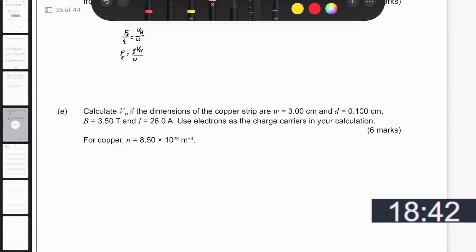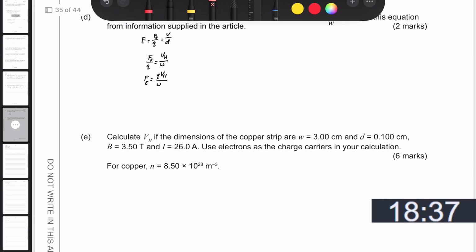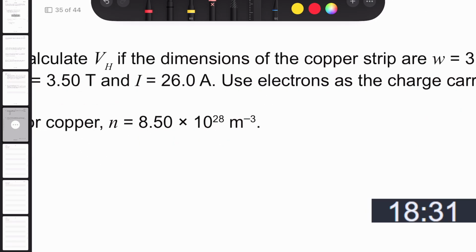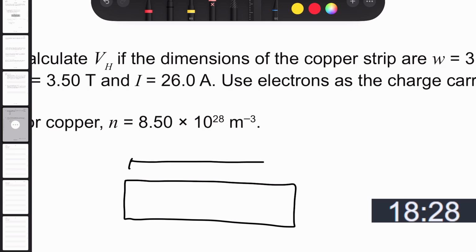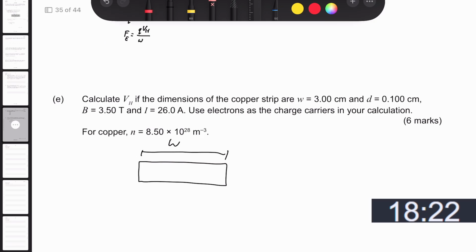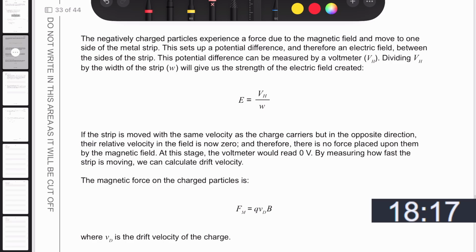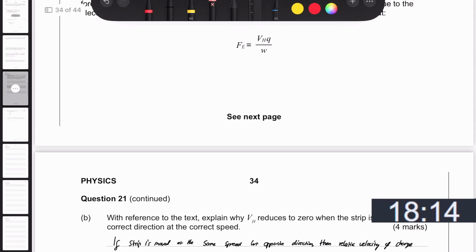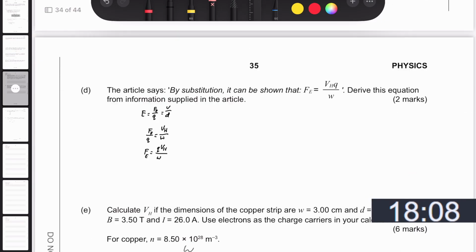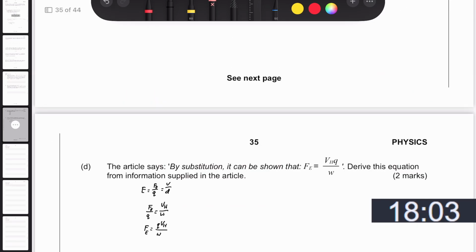That's a D, that's diameter, I assume. And there's a W. Oh wait, no, it's a strip. So if that's W, where's W? Width of the strip. And then D. What is D? Why do I need D? Calculate V_H.